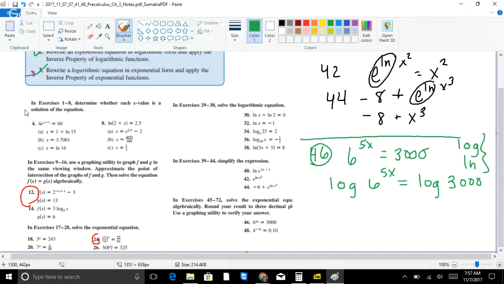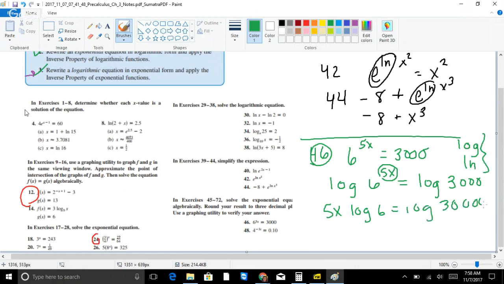All right, so what advantage does this have? It lets me use the power rule to get my x out of the exponent. So I can rewrite this as 5x times the common log of 6 equals the common log of 3,000.